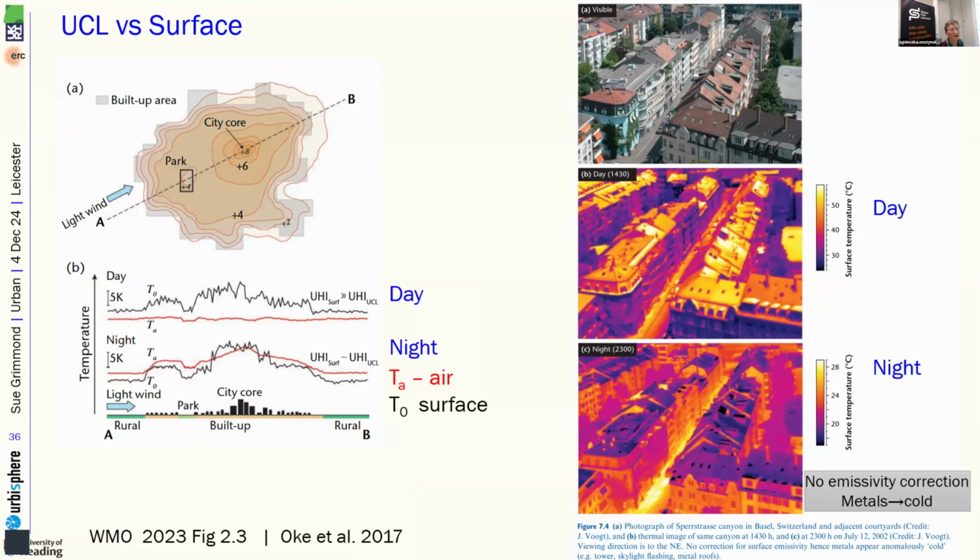And at night, what we see is that they're more similar, again, the air temperature is more similar to the surface temperature, but we see greater variability in the surface temperature, obviously, because we're dependent on all of those materials and facets, whereas the air temperature, we get some mixing. And obviously, if we look closely at any particular place, we can understand where we're getting those variations from, in terms of the roof, the different materials, and the difference between day and night.